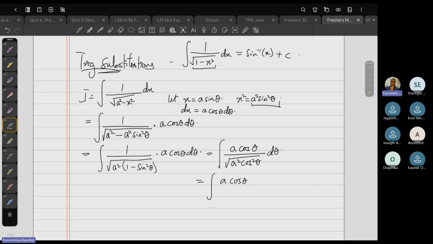A cos theta over a cos theta d theta. So this will be integral of d theta, which is theta. But from here, we know that x over a is sine theta. So theta is arc sine x over a. Right?